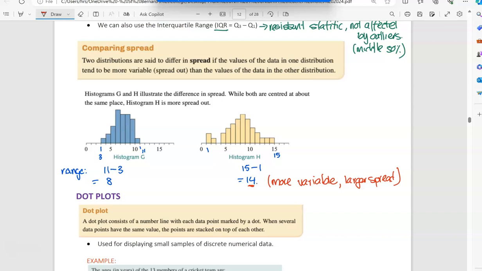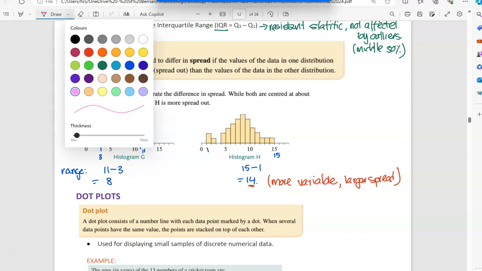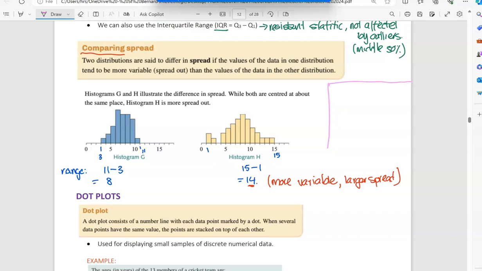So when they ask you to compare, which is what we often have to do, compare two sets of data, make sure you have comparing words. Let's write a little side note to help us here. When you're writing those reports, or when you're asked to compare, comparing words would be one is larger, smaller, more or less.